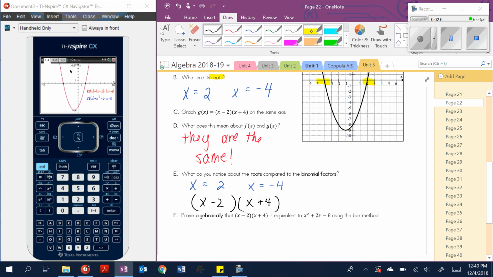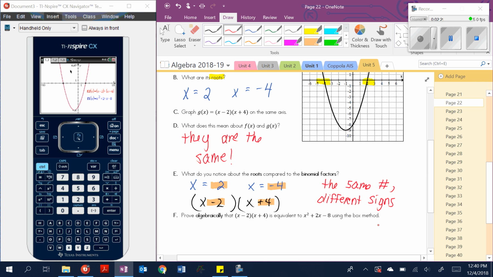Oh, they're the same. Oh, wait. Are they? Positive 2, negative 2. Negative 4, positive 4. That's weird. They're the same number, different signs? I wonder why that is.